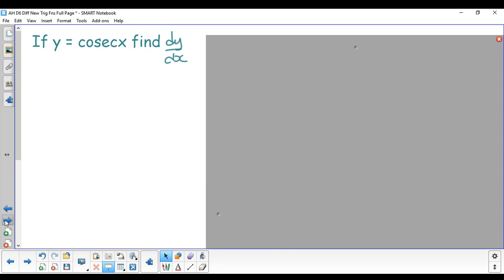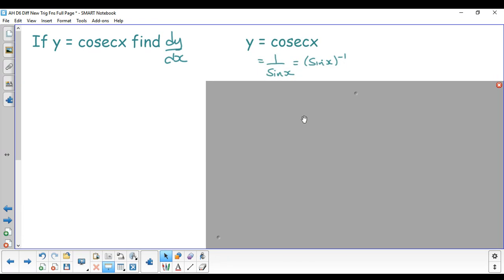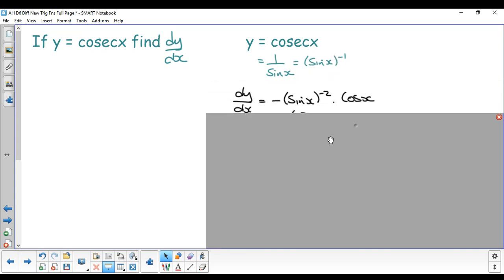In the same way, cosec x, this time you have to understand cosec x has to be written as 1 over sine for us at this point in time, which can be written as sine x to the minus 1. You can use the quotient rule, but you don't have to. You could just use the chain rule. Bring the minus 1 down, and then it goes to minus 2. But remember the chain rule, sine goes to cos.